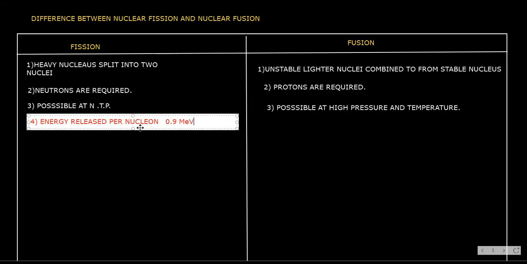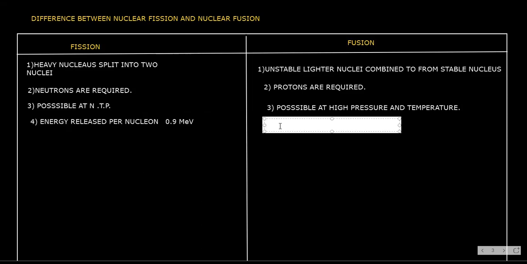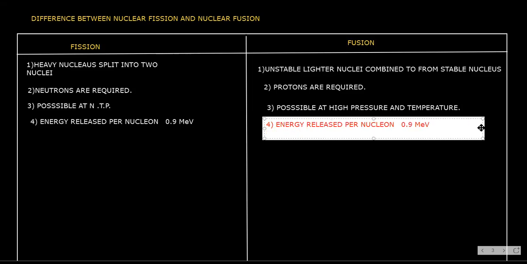In fusion, the energy released per nucleon is nearly equal to 6 mega electron volt.